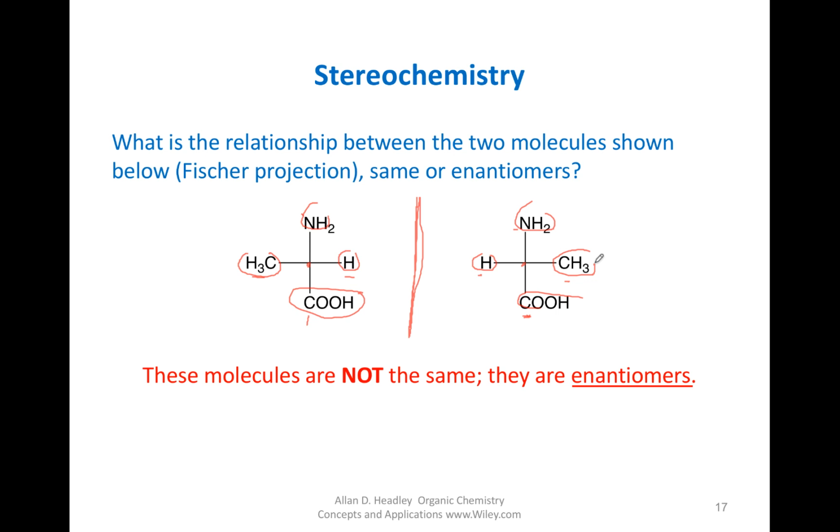So if they are mirror images of each other and they have the same groups bonded to the carbon, they are actually enantiomers. So again, you will have to use different tools to answer the question if these two molecules are the same or are they different.